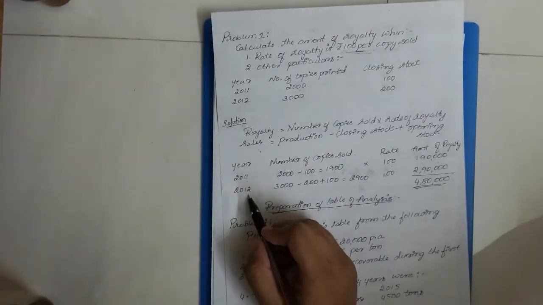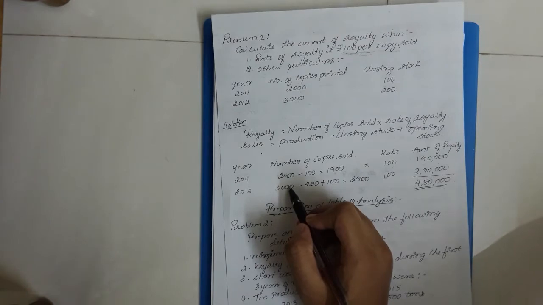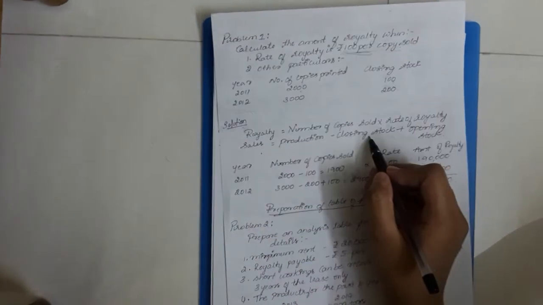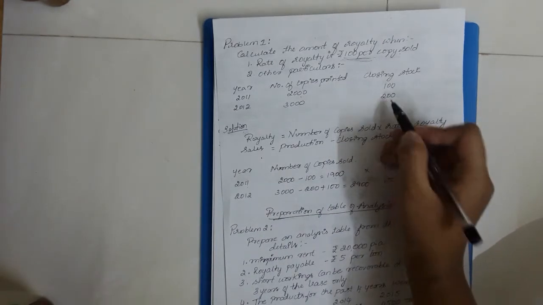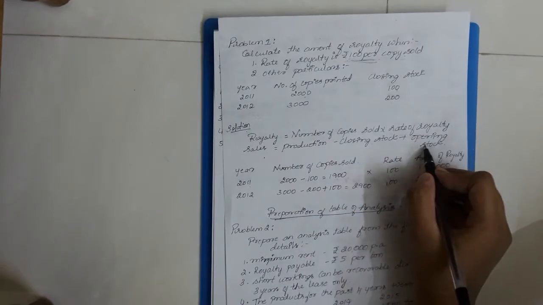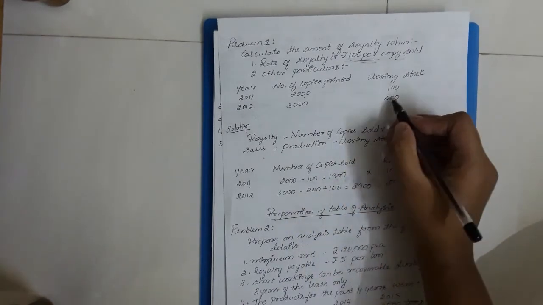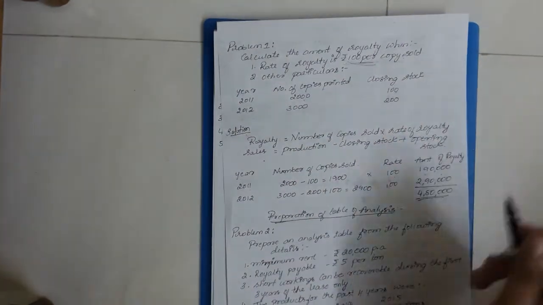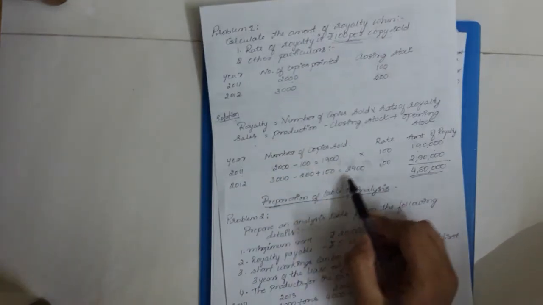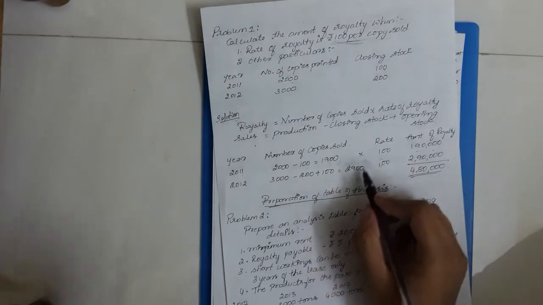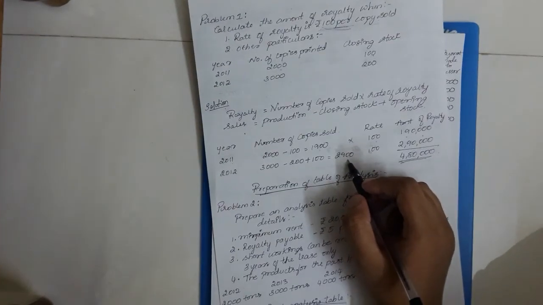Likewise, coming to 2012, the number of units printed, or production, is 3000, minus the closing stock of 200 given for 2012, plus the opening stock of 100. The previous year's closing stock of 100 is taken as the next year's opening stock. So a total of 2900 copies have been sold.